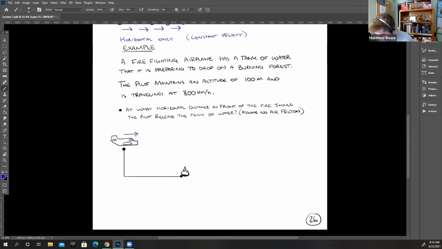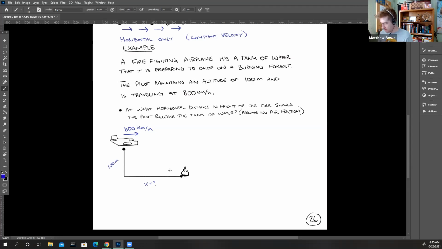So let's put in the details that we know of this problem. We know that the plane is traveling at 800 kilometers per hour. We know that the plane is maintaining a constant altitude of 100 meters. And we want to know at what distance in front of the fire the pilots should release the water.